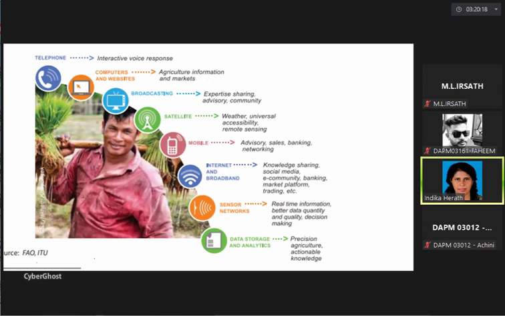So actually, when it comes to these kinds of things, we can use the latest technology, such as satellites and satellite images. Some of these resources are actually freely available. For example, if you go to Google Maps, you can download the satellite images.